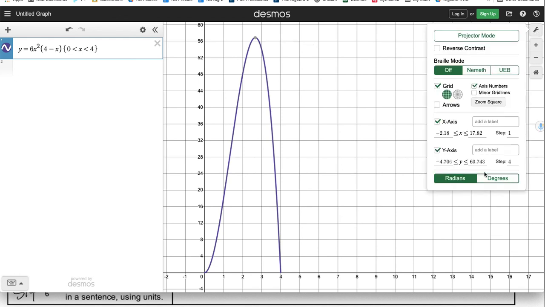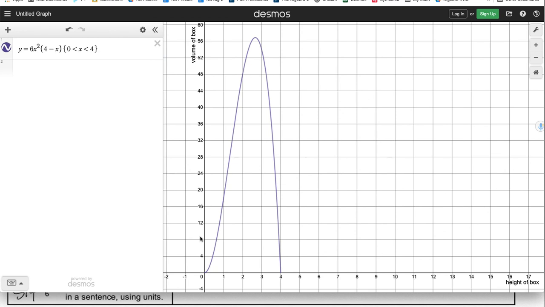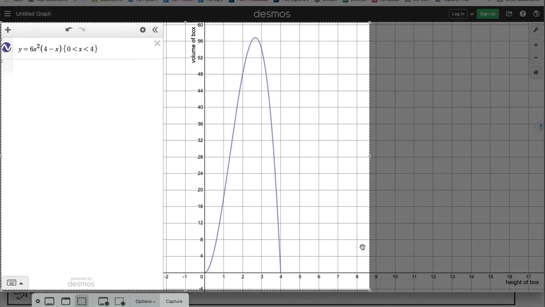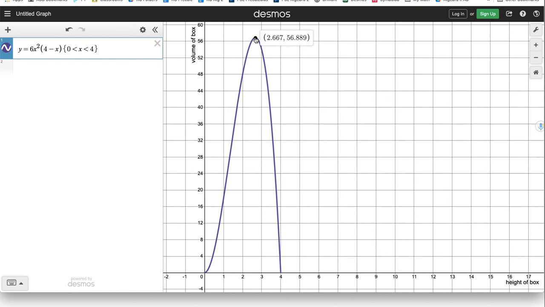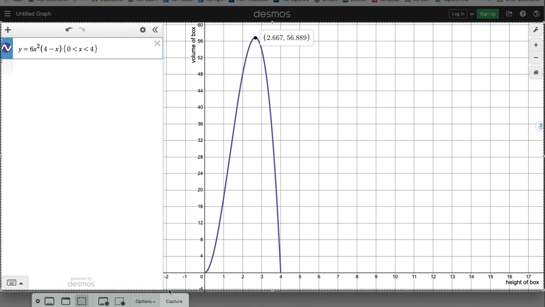We can go to the label and we can put X is the height of the box and Y represents the volume of the box. And there are lots of different volume values, but there's only one maximum volume value, and that's the one answer that we're interested in. So I'm just going to take my labels like this and capture that and input it in my solution.